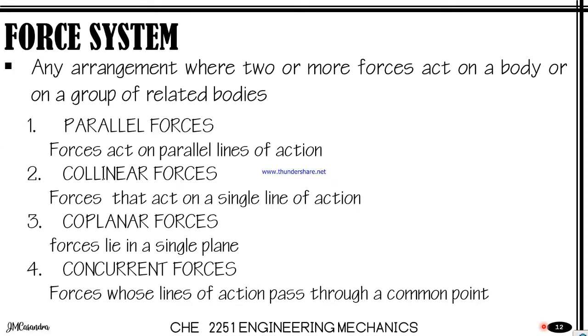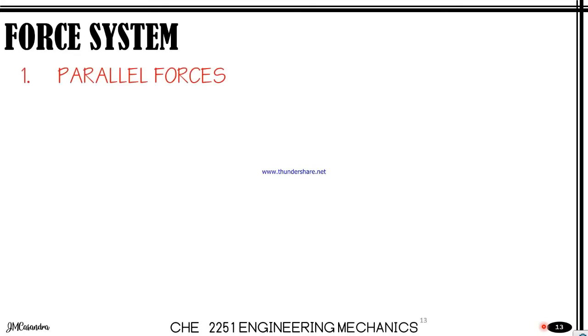To understand these different types of force systems, let's have a simple diagram. We have here a body acted upon by two horizontal forces. These two forces are parallel, though they are not on the same line of action. They are both horizontal, thus they are considered parallel forces.